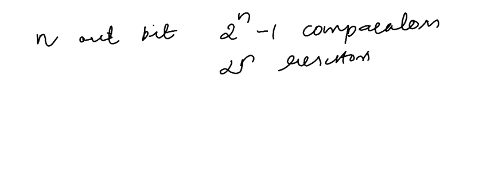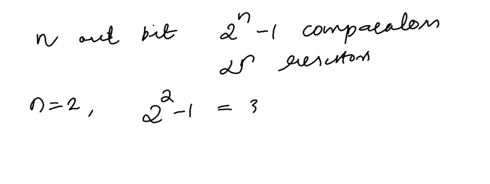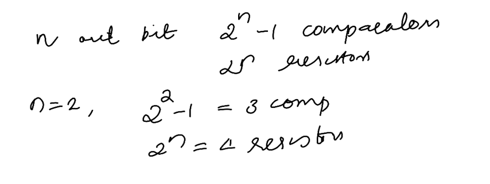Suppose n is equal to 2, then we need 2 raised to 2 minus 1, that is 3 comparators, and 2 raised to 2, that is 4 resistors.